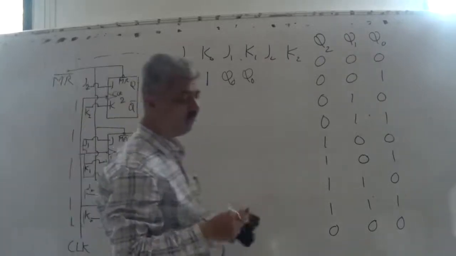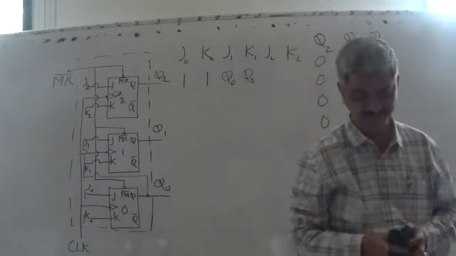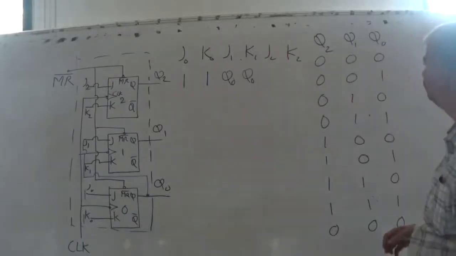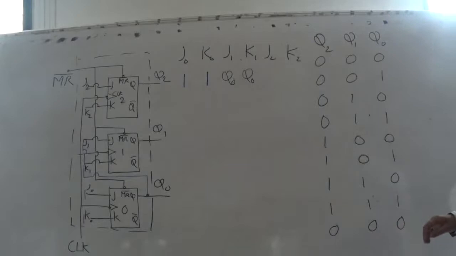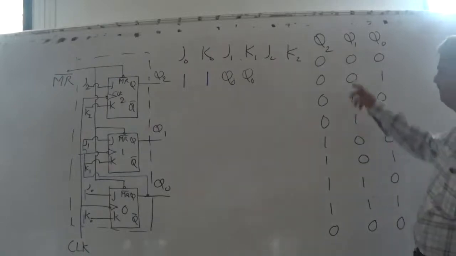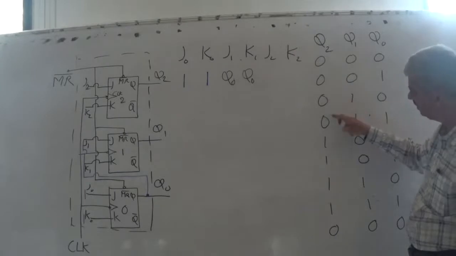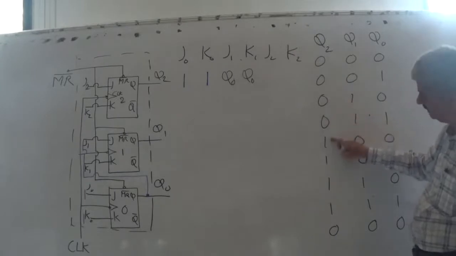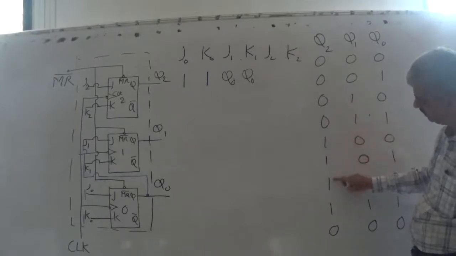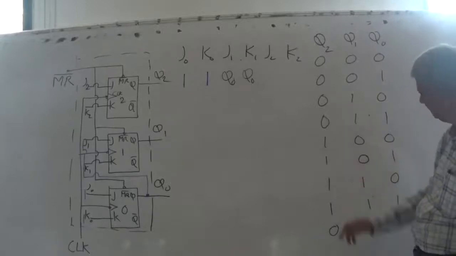Now let us go for Q2. So what happens with Q2? We find that Q2 normally doesn't change in most of the cases. So it is 0 continuing, 0 continuing, 0 continuing. Now toggling, continuing, toggling.